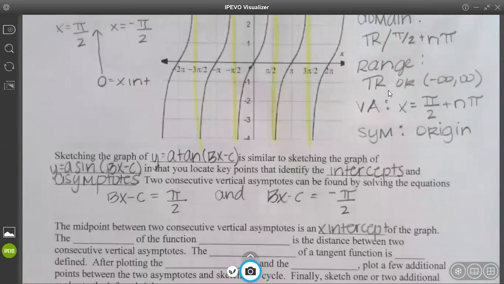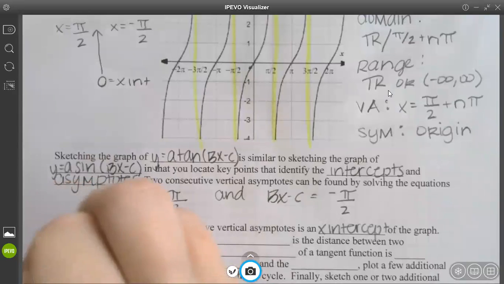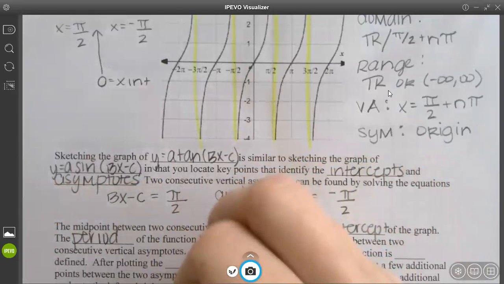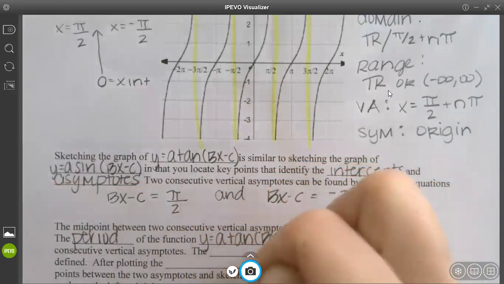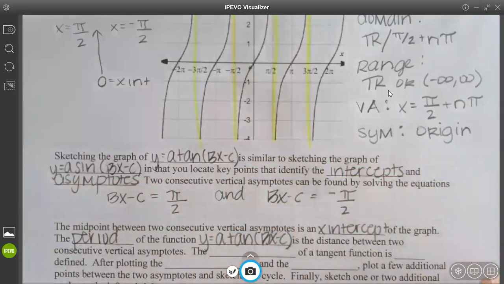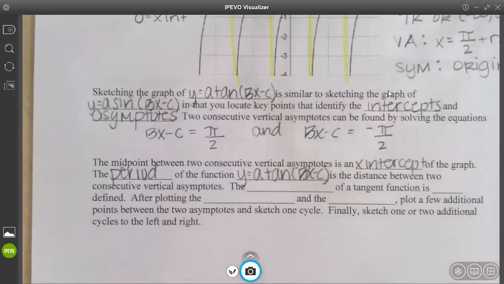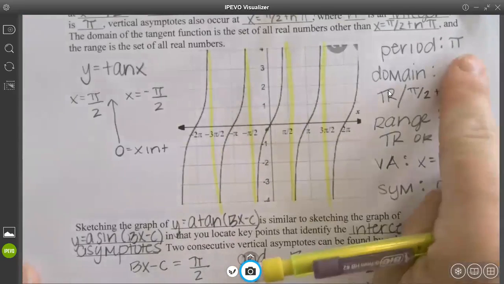All right. The period of the function y equals a tan(bx minus c) is the distance between two consecutive vertical asymptotes. So tell me what the period was on this one.